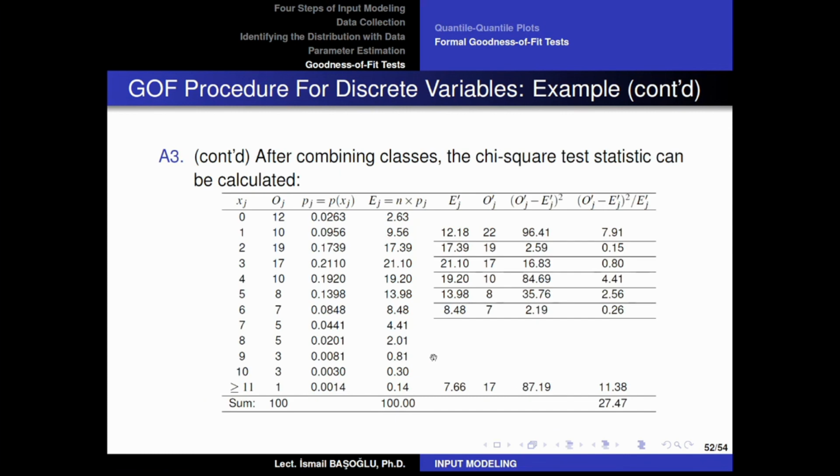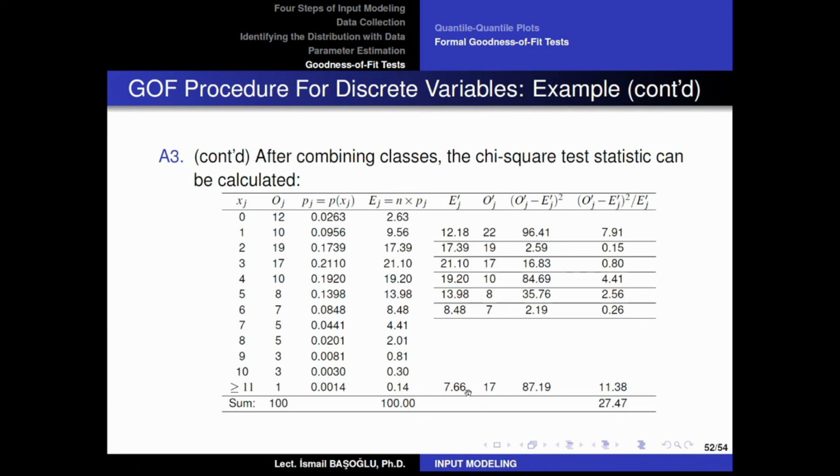So as you can see, the last 5 classes must be combined and the first class must be combined with the second class. Then we update the expected frequencies after combination, and the observed frequencies must be updated as well. The observed frequency in the combined class will be 22, and the observed frequency in the last combined class is going to be 70.